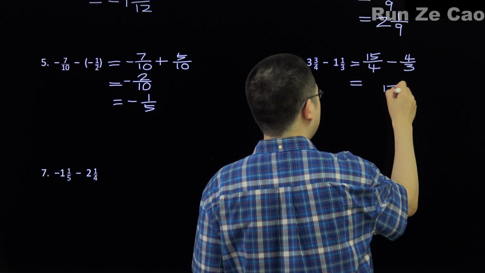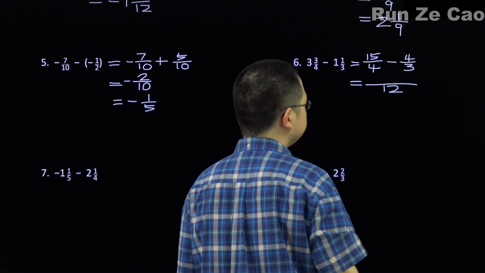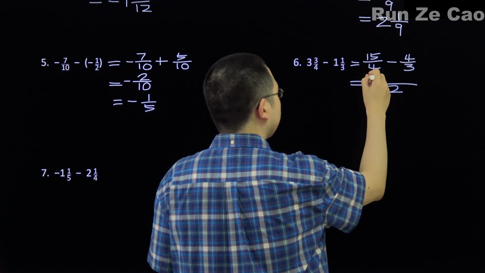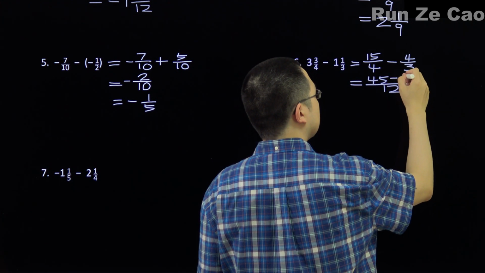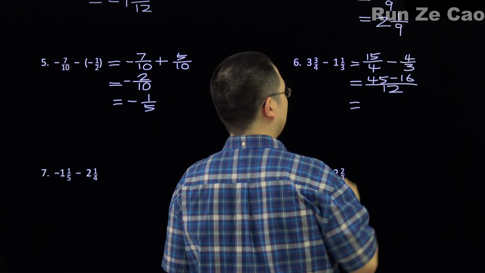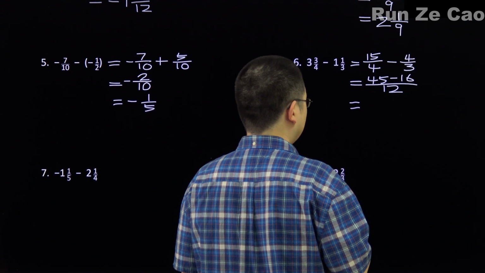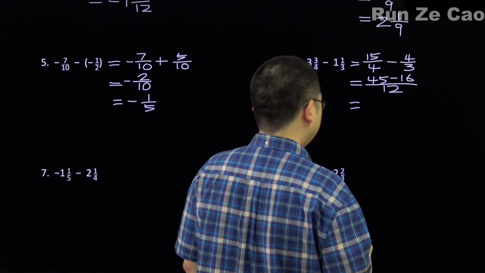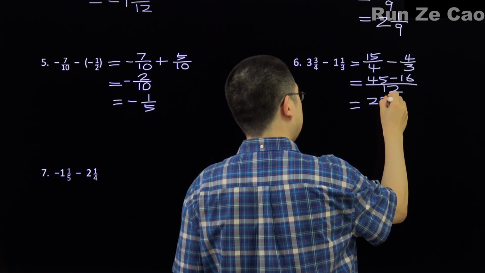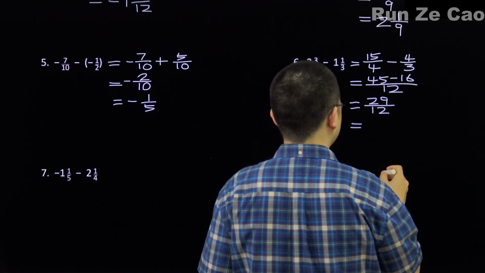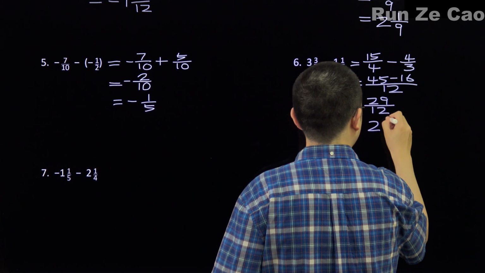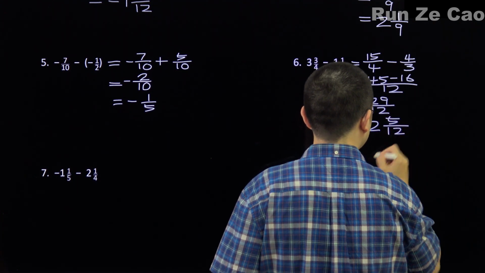So out of 12, that's going to be 45 minus 16. Well, that's 45 minus 15 minus 1. So 29 over 12, which leaves us at 2 and 5/12.